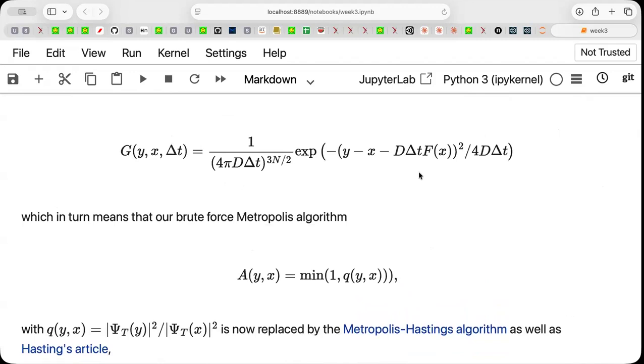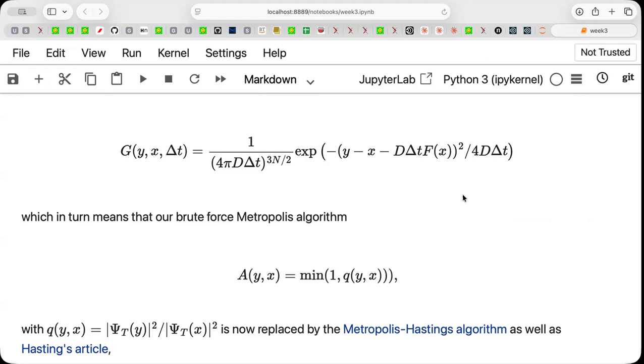And that is simply given by the same expression here, but with f equal to 0. And that gives us a Gaussian where you have the exponential of minus (y minus x) squared divided by this quantity here, which then plays the role of a variance.